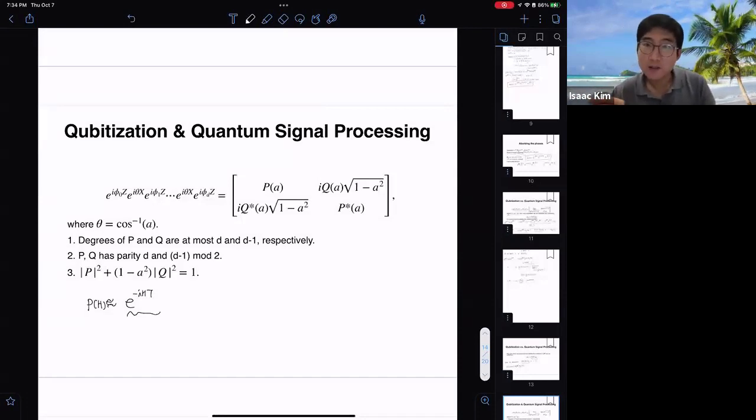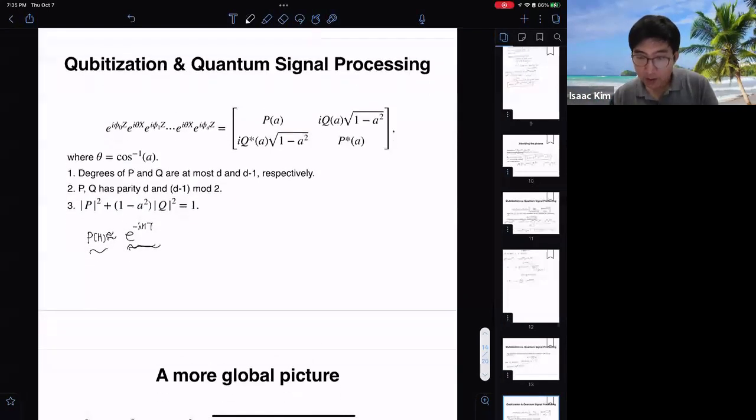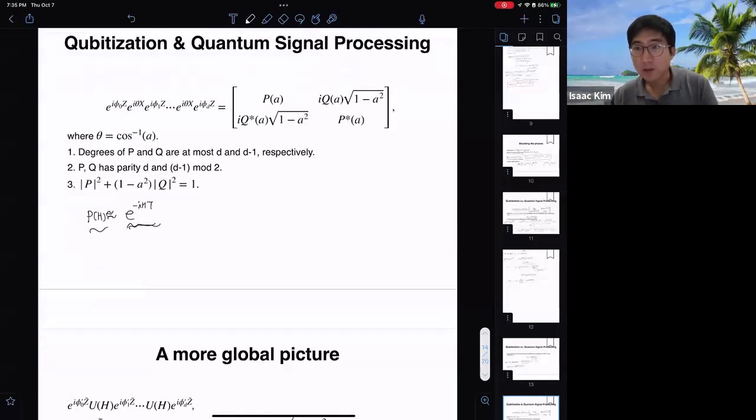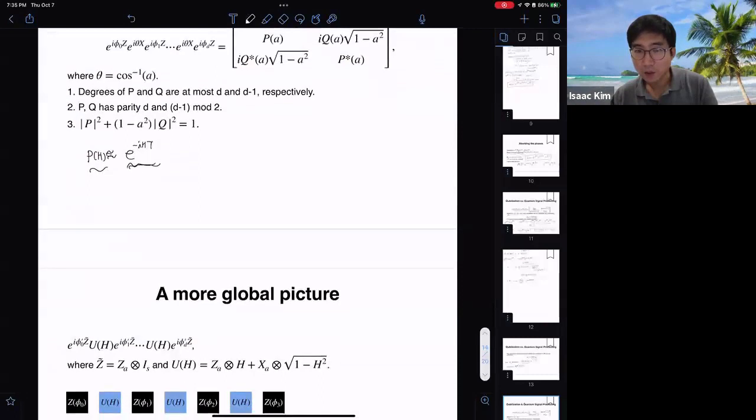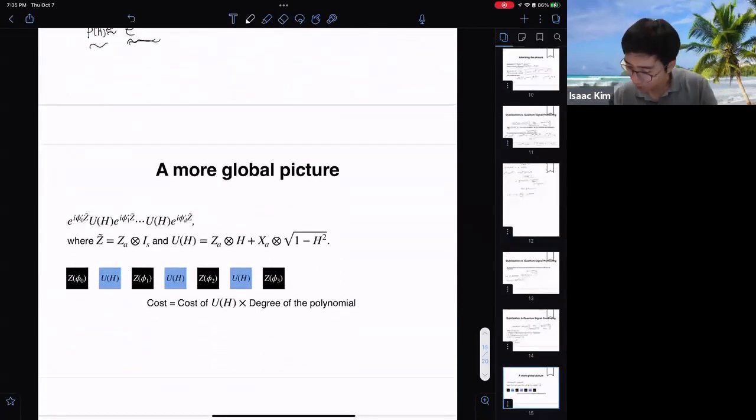So the question is, how well can we actually approximate this function using P of H, given an arbitrary t? And that's the kind of problem that has been studied very intensively in approximation theory. And I'll tell you more about that soon.